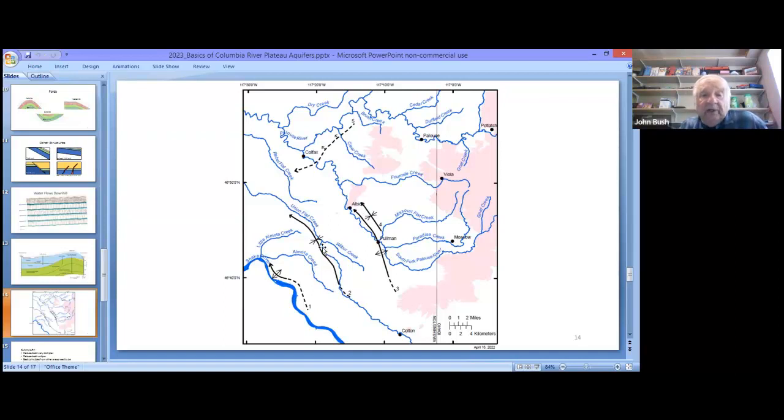It goes right down the Union Flat Creek, and Union Flat Creek's direction of flow is probably controlled by that syncline, so I suspect the groundwater moves that direction. And then lastly, of importance to our Palouse Basin, out here to the southwest along the Snake River, we have an anticline.